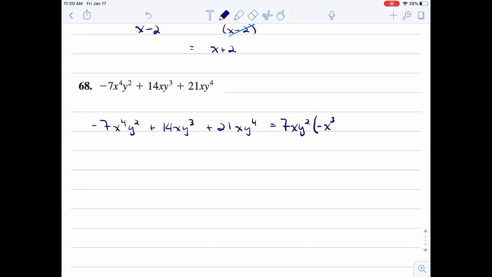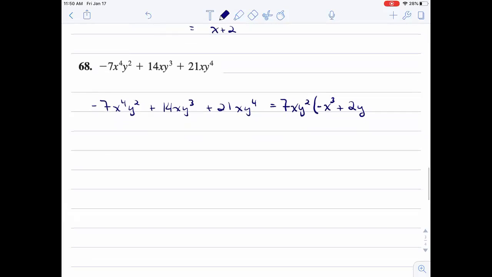I've got an x, and I've got 2 of the 3 y's, and so I've got plus 2y. And then the last one, now 21 divided by 7 is 3. Plus 3. I've got that x on the outside, so it's taken care of. I've got 2 out of the 4 y's, and so I need y to the power of 2.